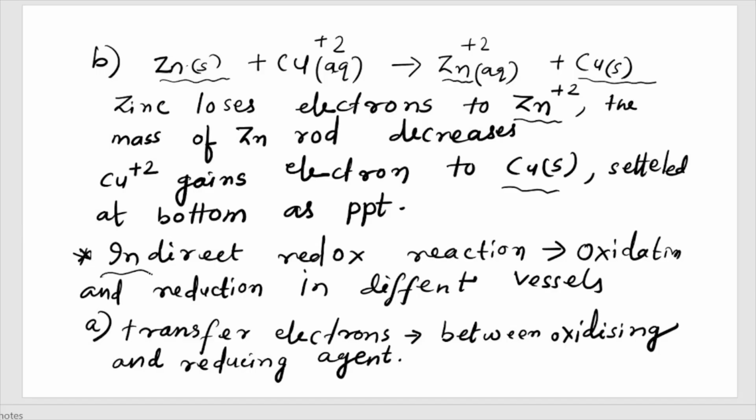Then what is meant by indirect redox reaction? Redox reaction, I told you in the introduction in part 1, means oxidation and reduction both take place simultaneously. Now what is an indirect redox reaction? Oxidation and reduction in different vessels. In the direct redox reaction, it is in the same vessel, but in an indirect redox reaction you are using different vessels.